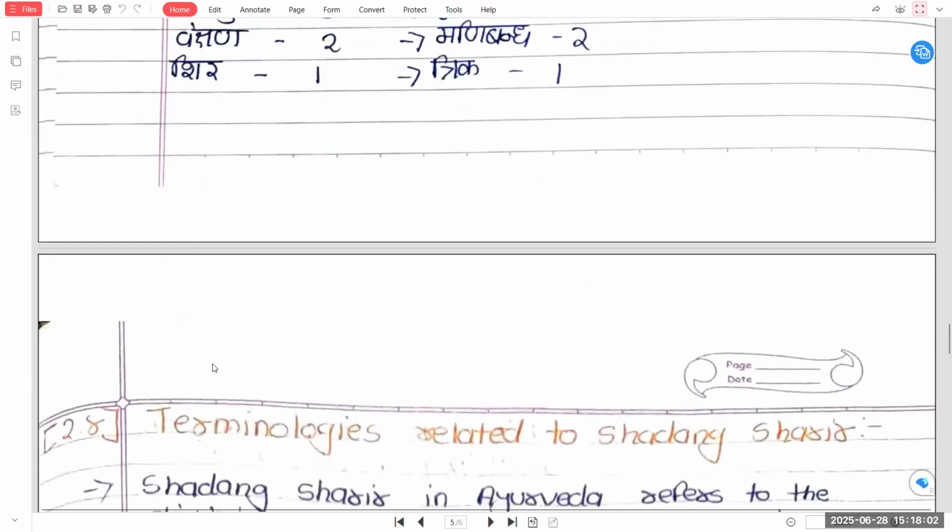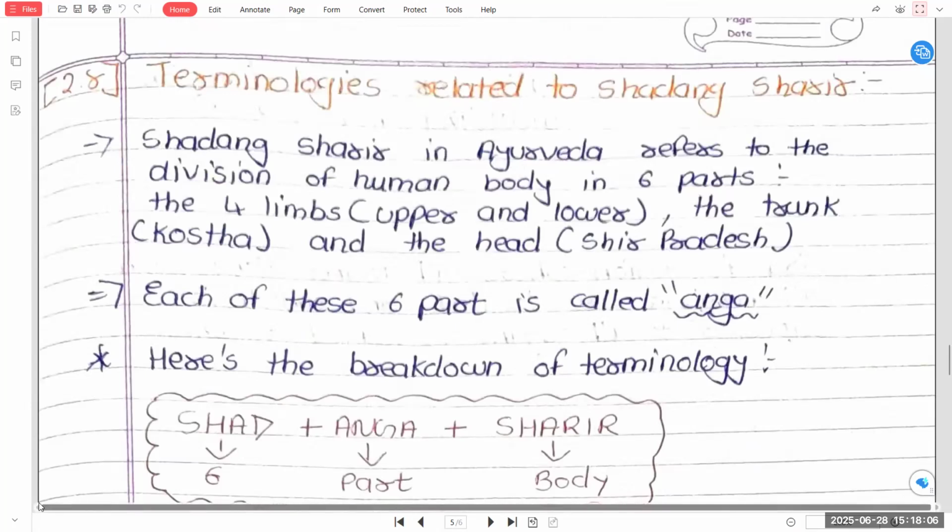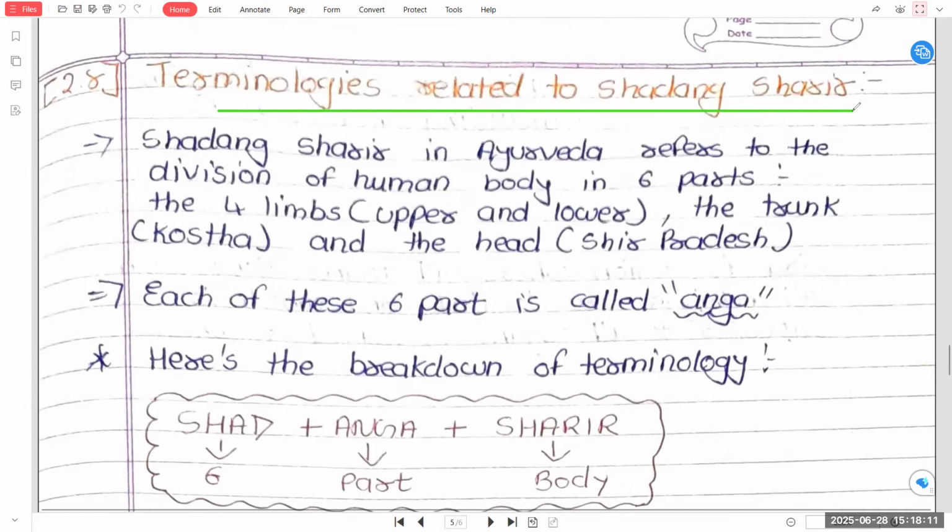Next, we are going to see the second topic of this chapter, that is the terminologies related to the Shadanga Sharir. Shadanga Sharir, as we had seen earlier in the fourth chapter, is the six angas.